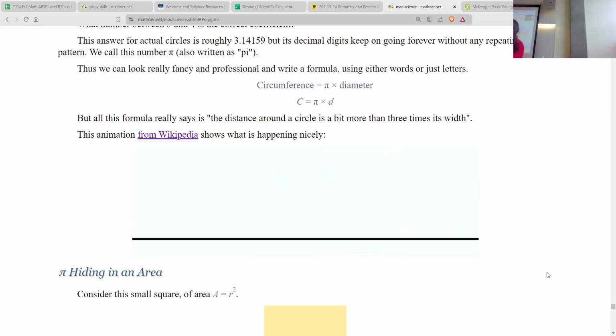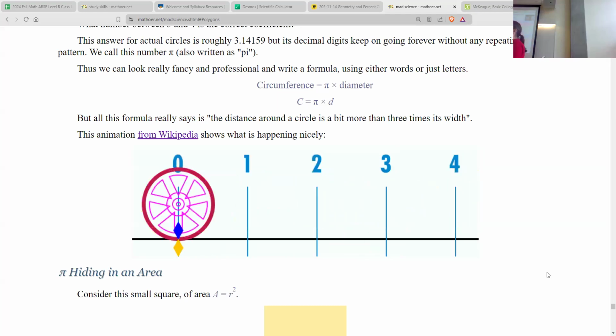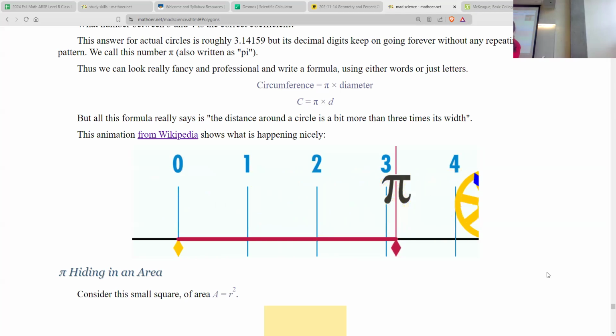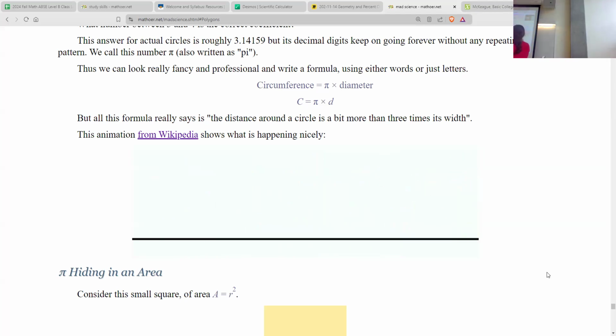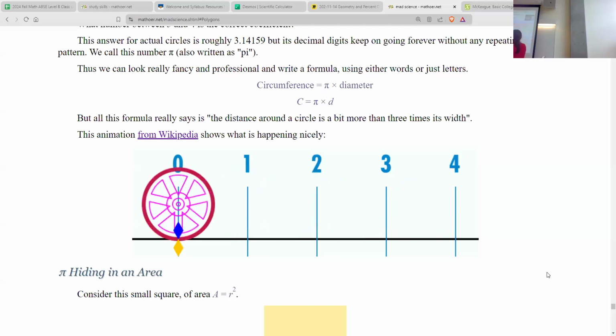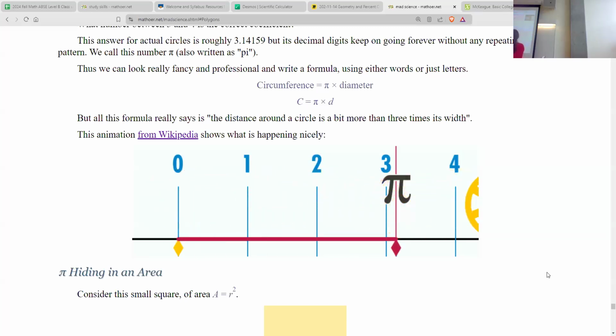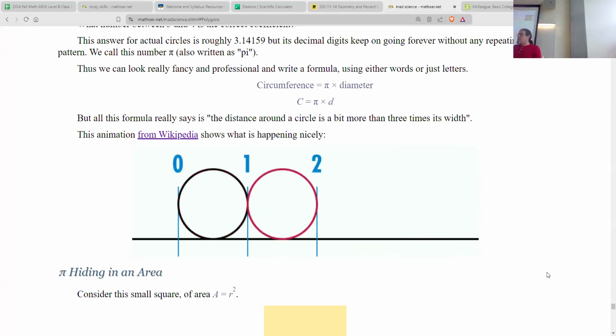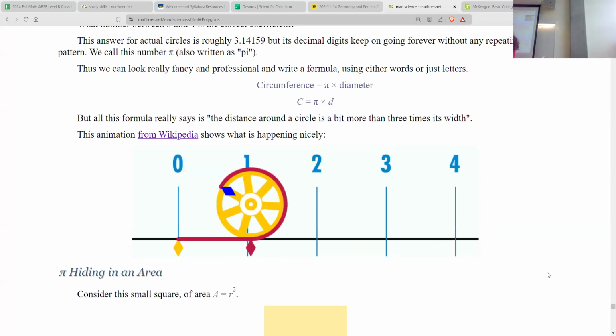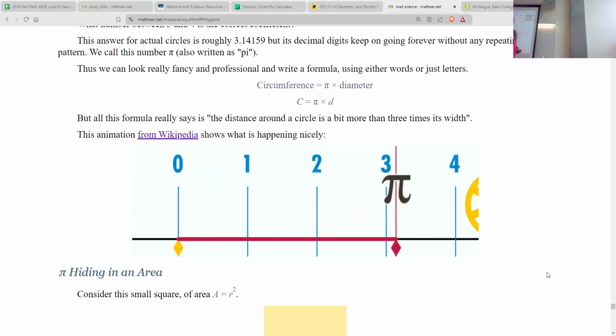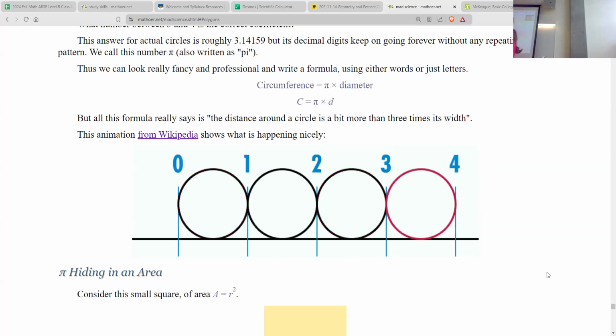So mathematicians have made a name for this answer. How many circle widths does it take to go around the circle? And because they are strange, they decided to name it with a Greek letter, and that's where we get pi. So there's nothing magic about pi. There had to be some number that was the answer to this: how many circle widths does it take to go around the circle?